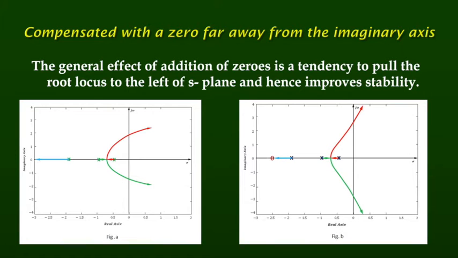The root locus crosses the imaginary axis for a slightly higher value of k when compared with the uncompensated system. The general effect of addition of zeros is a tendency to pull the root locus to the left of the s-plane and hence improve stability.